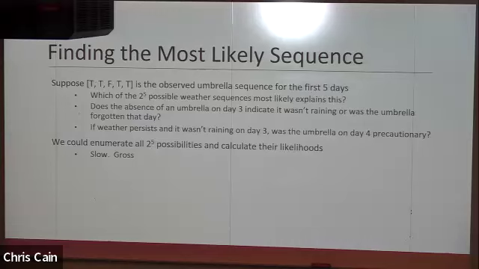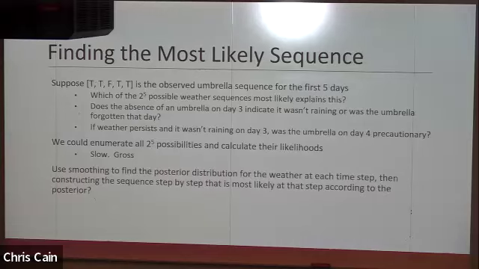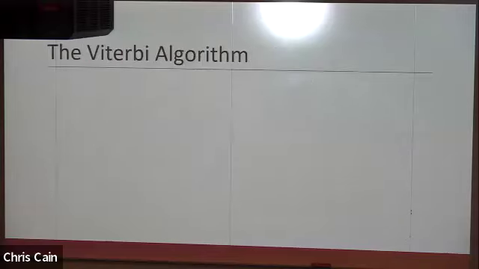So instead, we could use smoothing, finding the posterior at each time step, but that's greedy and may not actually return the most likely path. So what we want to use is a dynamic programming algorithm called Viterbi.